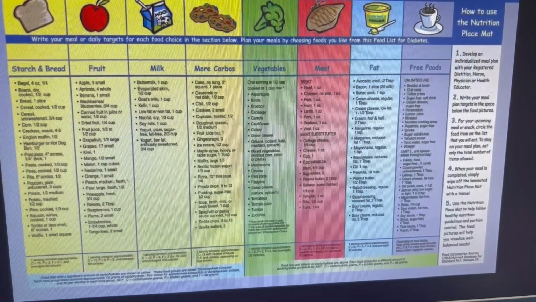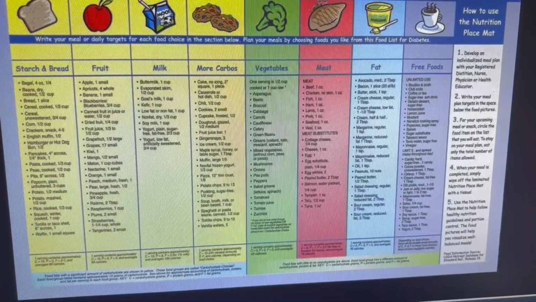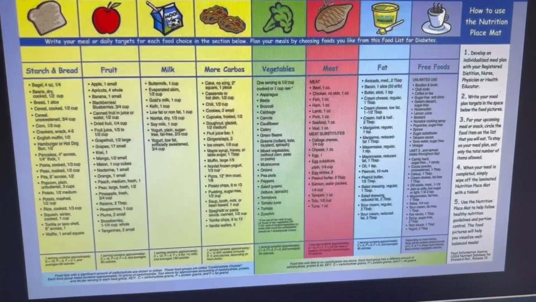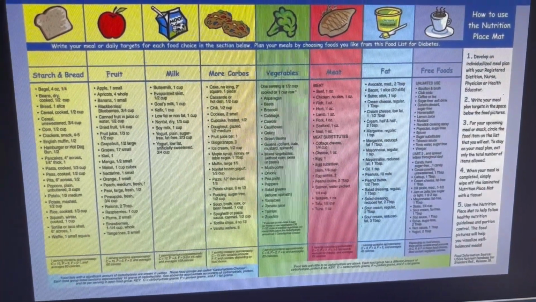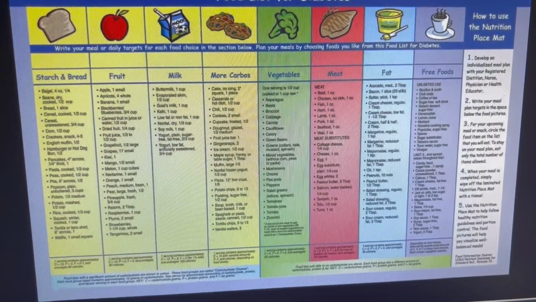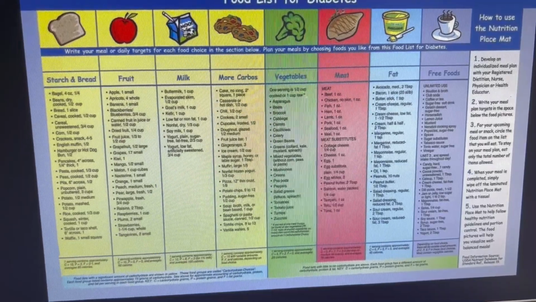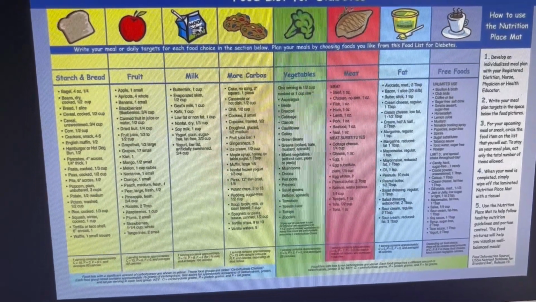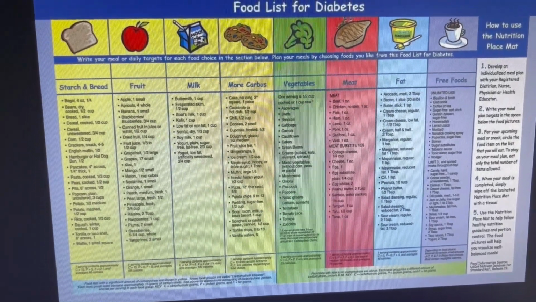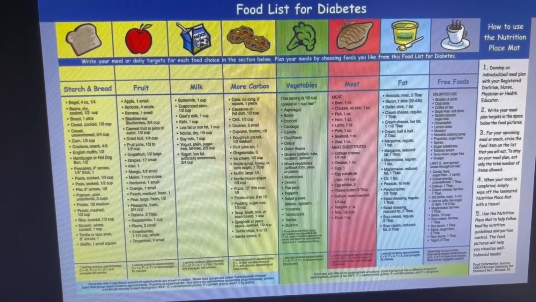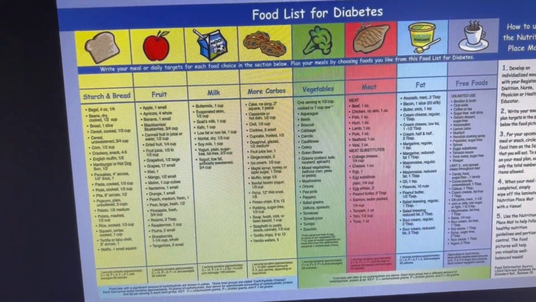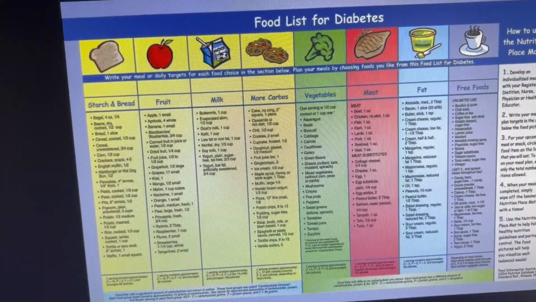So, in this nutritional placemat, you want to, one, develop an individualized plan with your registered dietitian or nurse physician or health educator. Like I said, this would be for diabetics. Two, write your meal plan targets in the space below the food pictures. So they would write their target and have which one they would have for each one.